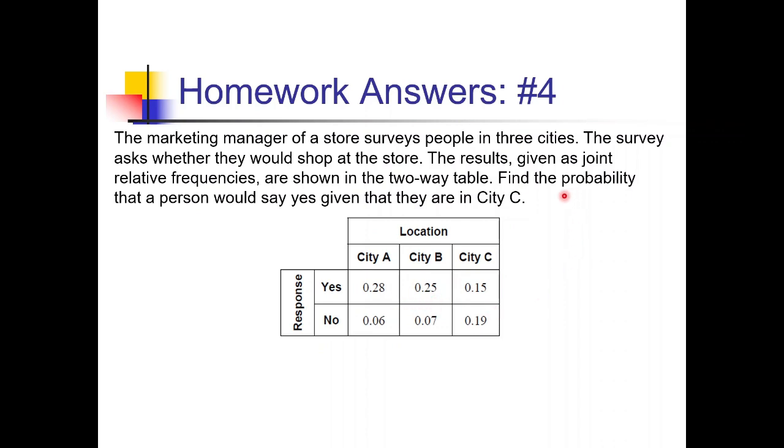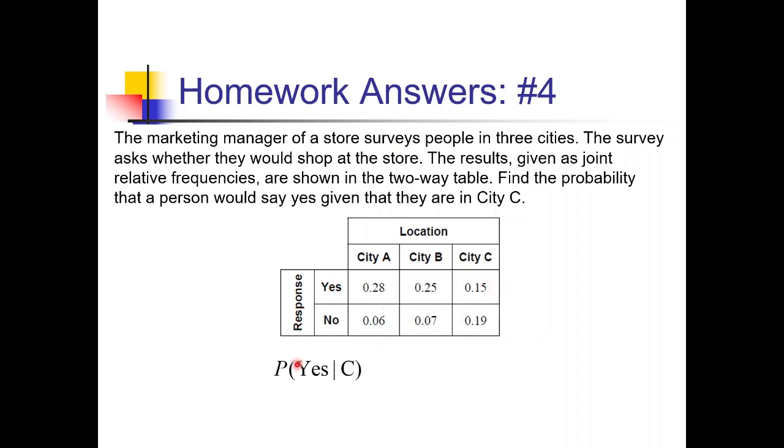They want us to find the probability that a person would say yes, given that they are in city C. You have to be careful with the formatting of this language here. They're not just asking for yes and they're in city C. They're saying, assuming that they were in city C, what would they say? So it's a conditional probability question.